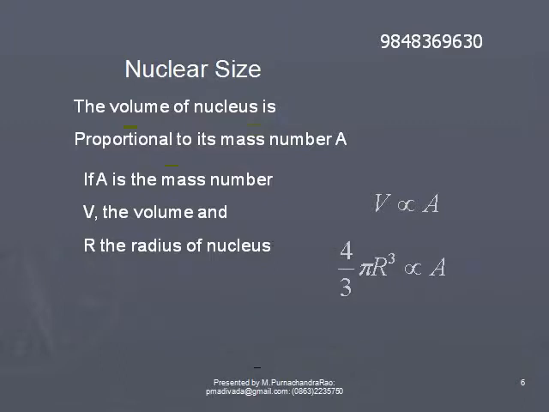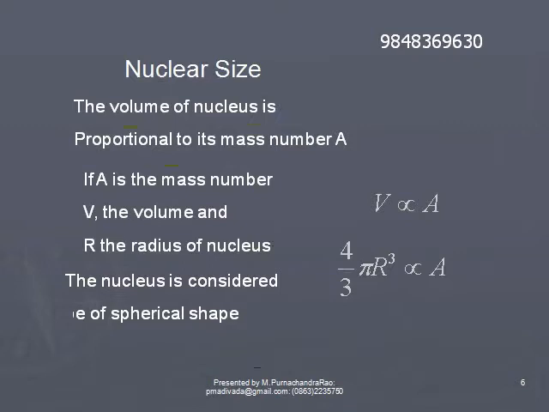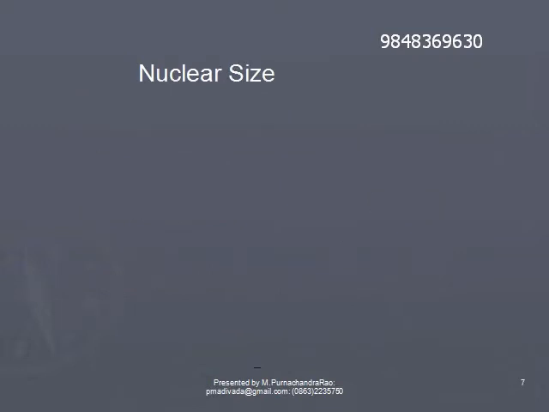Considering the spherical shape of the nucleus, from this relation we can write the relation for radius as R0 into A to the power of 1 by 3.